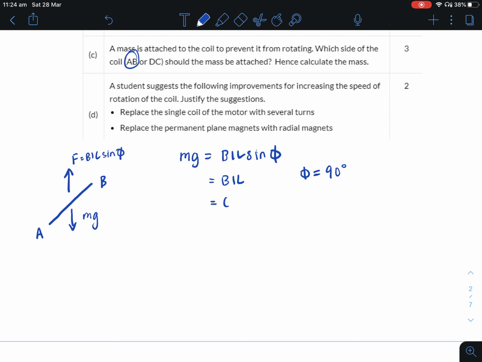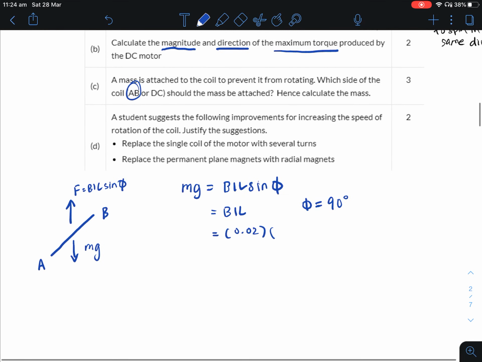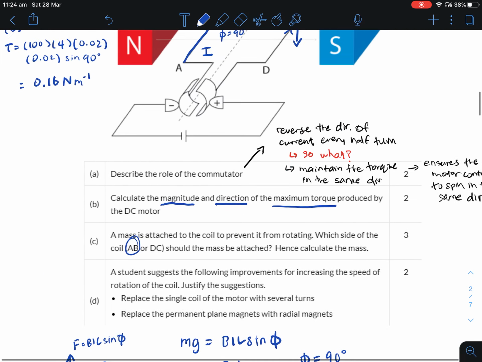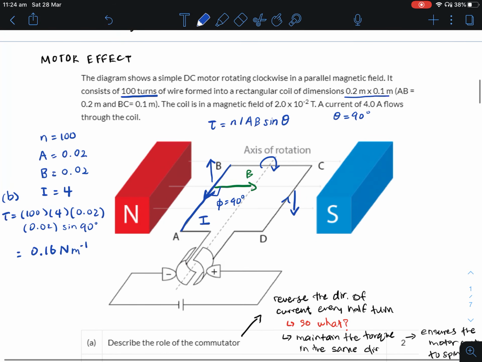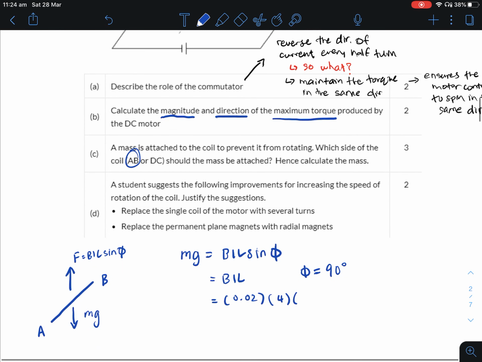And remember, B is, oh, not 2, sorry, 0.02. I is 4. And what is L? L is the length of the conductor AB, and it tells us that AB is 0.2 meters. And then we have m, which is what we're trying to find out, and we've got 9.8 over here. And so really, m is just equal to this business up the top here, divided by 9.8.